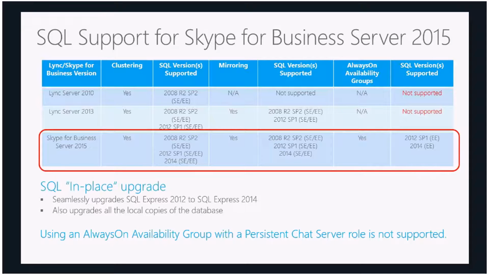But with Skype for Business Server, you can only have an active passive scenario. And as I mentioned, what's particularly important from this page is that you can only set up SQL Always On availability groups if you have SQL Enterprise Edition. It can't be set up using Standard Edition SQL. So how is this upgrade performed? We'll see that as we go forward in the deck a little bit.